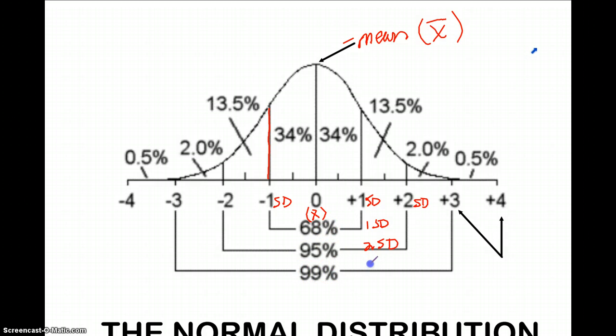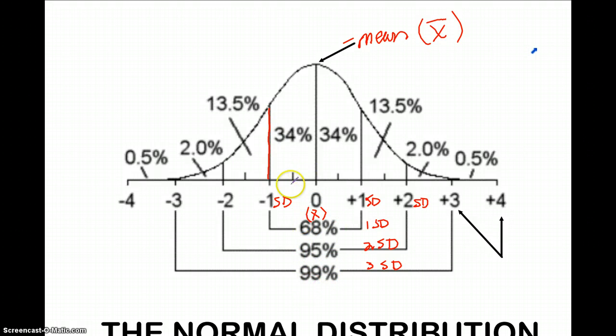And within 3 standard deviations, 99% is going to fall within 3, which is the majority of our graph. There can always be little tiny pieces at the ends that tell you how far it's spread, but when it's normally distributed, these are the percentages that we're going to use.